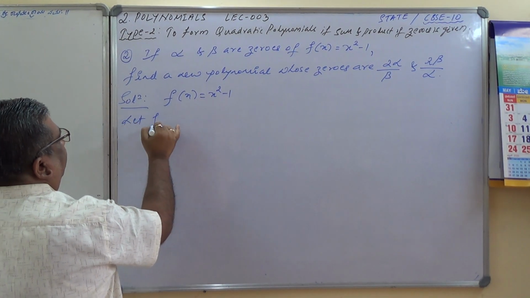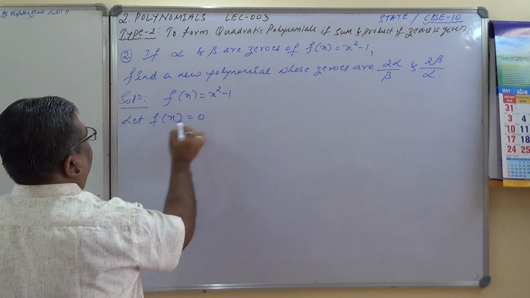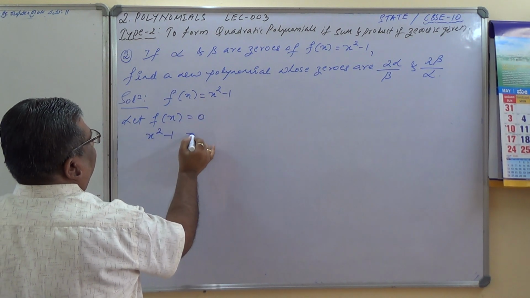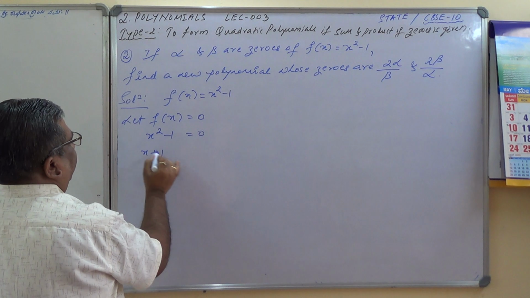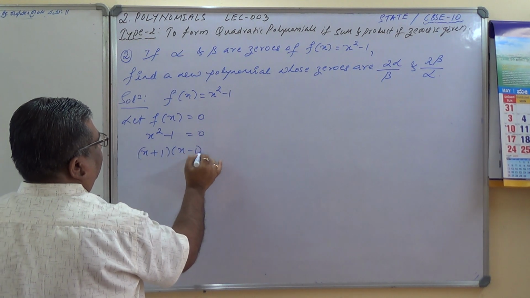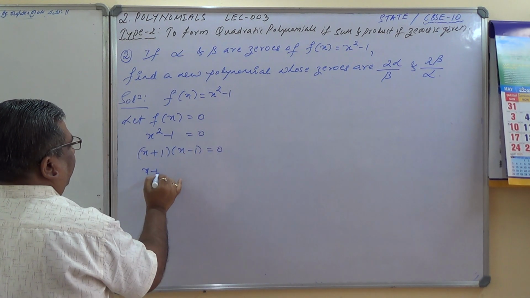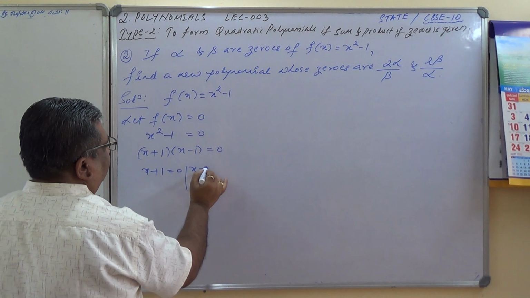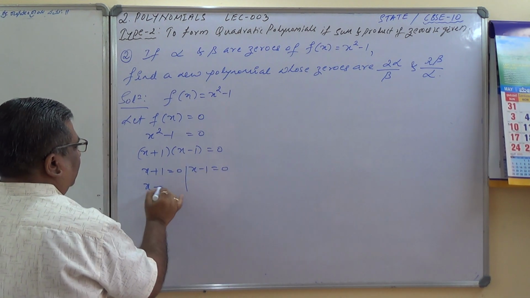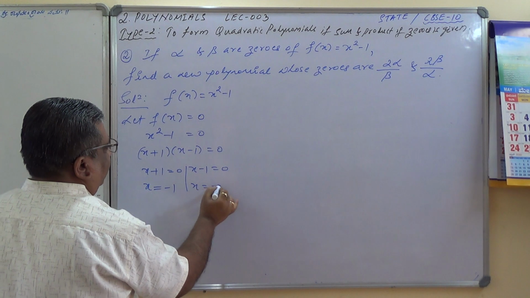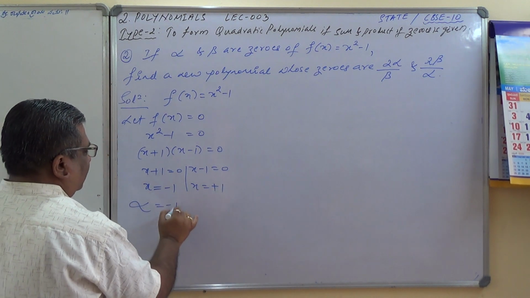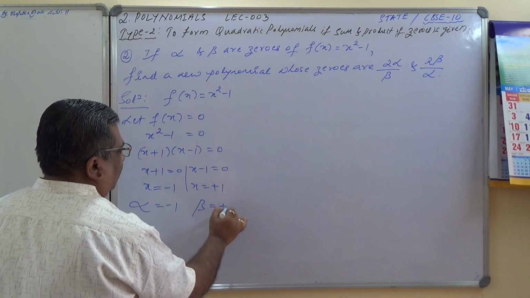Let f of x equals 0, x square minus 1 equals 0, x plus 1 into x minus 1 equals 0, x plus 1 equals 0, x minus 1 equals 0. So x equals minus 1, x equals plus 1. So alpha is minus 1 and beta is plus 1.